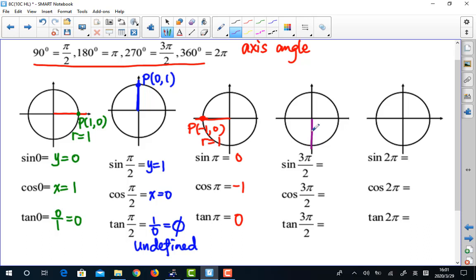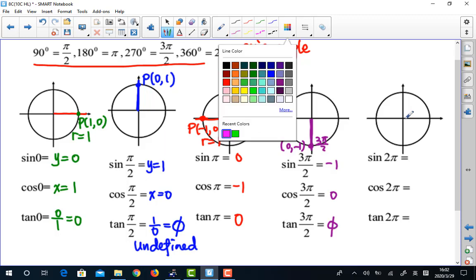Next, 3 pi over 2. This angle terminates on the negative y-axis. The corresponding coordinates of this point should be 0, -1. So sine 3 pi over 2 is -1. Cosine 3 pi over 2 is 0. Tangent 3 pi over 2 is -1 over 0, which is undefined again. Let's look at the last one, 2 pi.